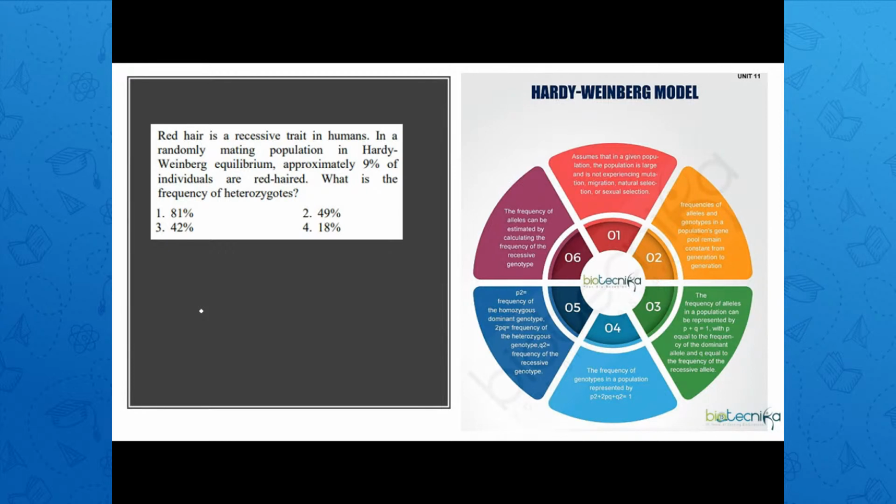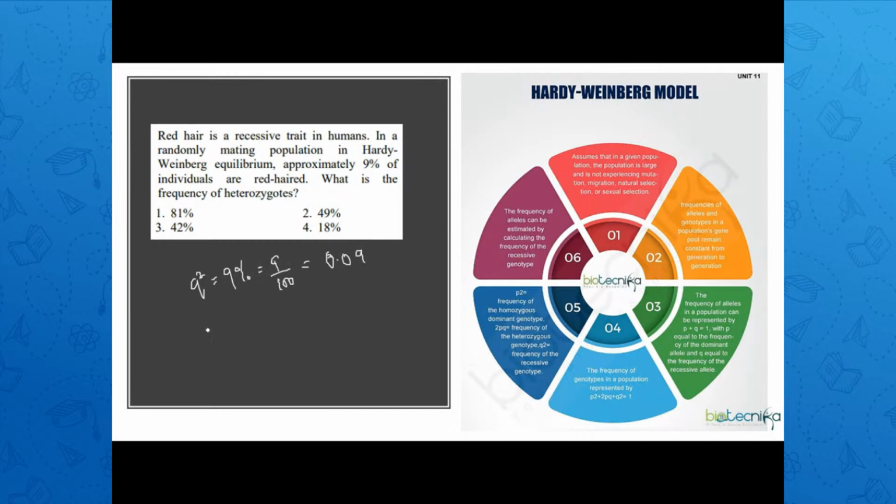Yes, the correct answer is 42%. How are we getting it? Let us quickly solve this. It is given that red hair is 9%. That means this is the recessive trait. So my q square is equal to 9%, which is nothing but 9 by 100, which is equal to 0.09.